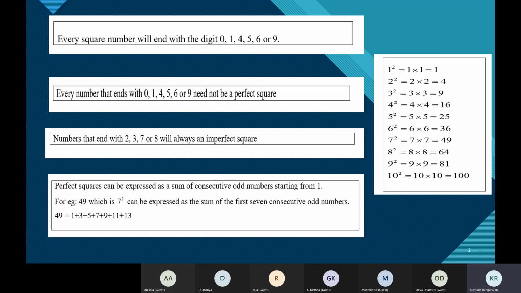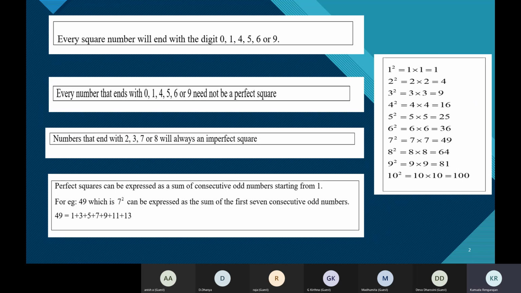So when you take 35, it ends with the digit 5. So the square of 35 will also end with a digit 5, because 5 into 5 is 25, right? Its square will end with a digit 5.